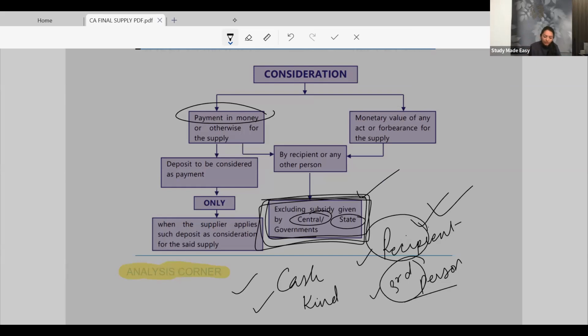Now tell me one thing, who is the person who receives the consideration? Supplier. Remember one thing, it is from the point of the supplier. If the supplier is receiving the subsidy, then only it will not form part of the consideration.